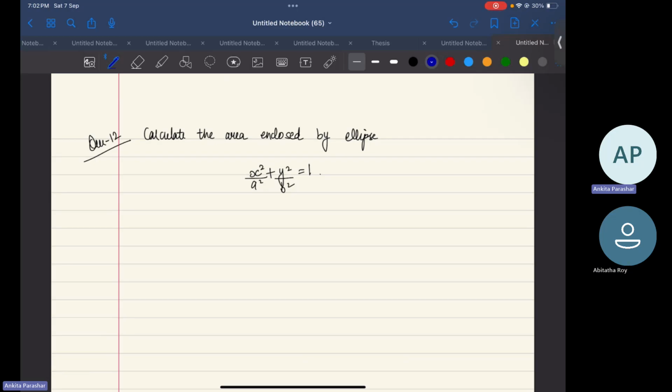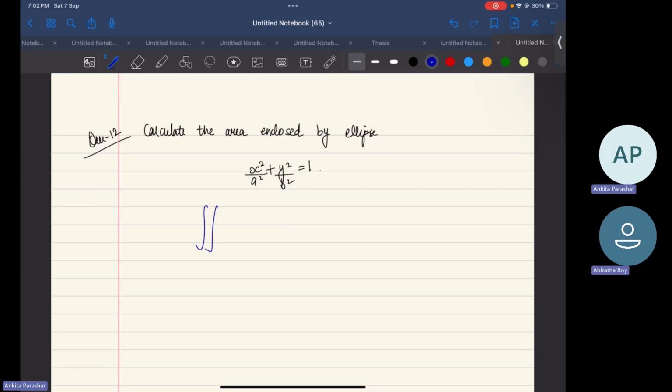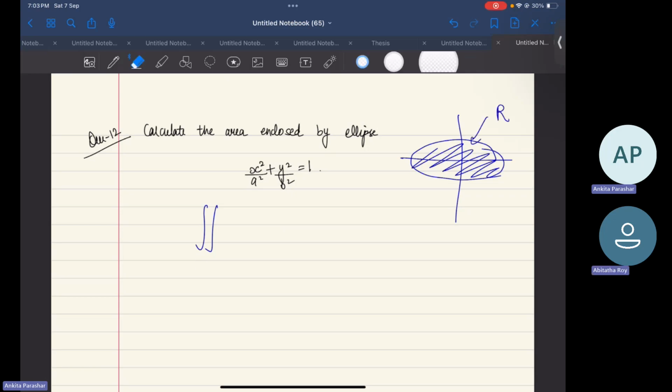Area enclosed by an ellipse. I'll just say some things over here. I have to find, let's say I have an ellipse. I want to find this area. By definition, it is the area over this region. Let's say if I'm writing this region R, it is just dx dy, right?